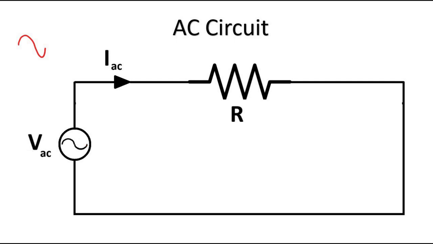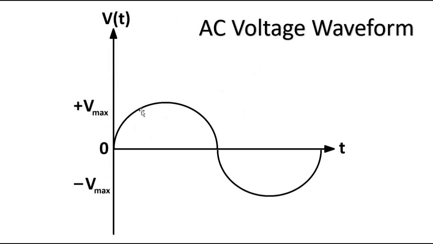The signal waveform here, which we have taken for simpler analysis, is a simple sinusoidal waveform. This is the AC supply voltage waveform. Here you can see it starts from 0, attains a certain maximum value here, then goes to 0, then attains a negative value here, and then again goes to 0.